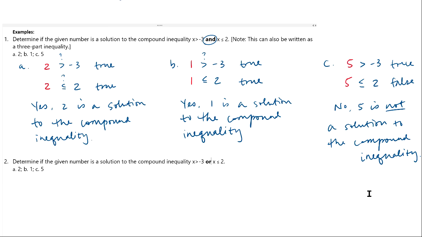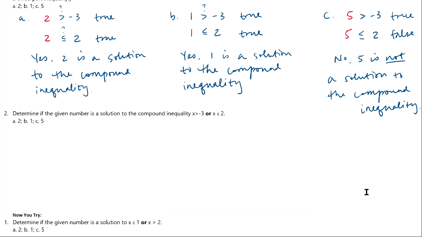With everything we already checked in number 1, for part A, because both statements are true, definitely at least one of the inequalities will be true. So based on part A from number 1, yes, 2 is still a solution to the inequality. I'm going to omit the rest of the sentence.